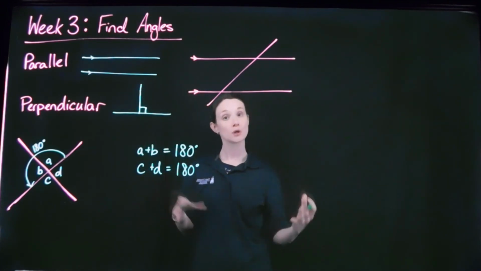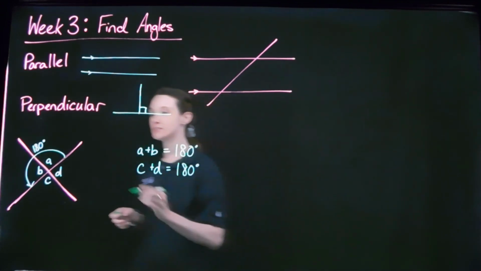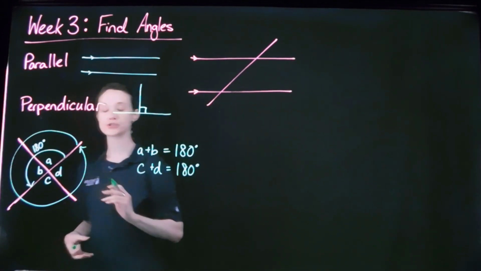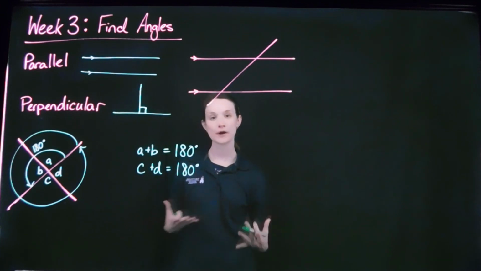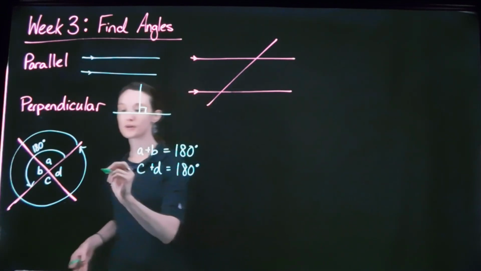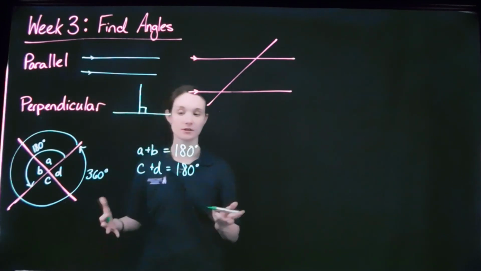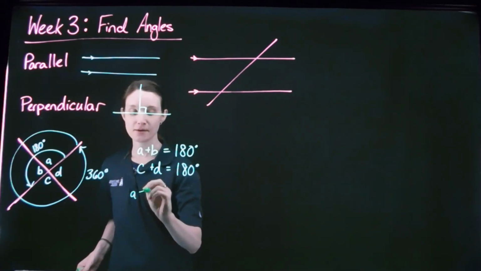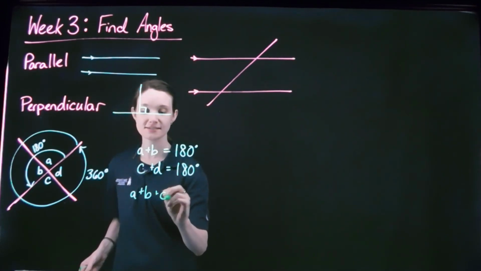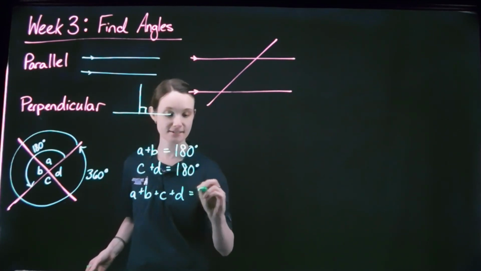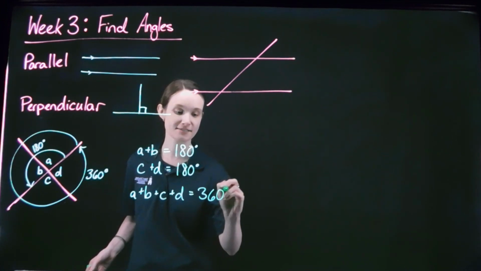Now if I have two 180s, that means when I go all the way around the entire intersection and return back to where I started, I've covered 360 degrees. This means that A plus B plus C plus D must equal 360.